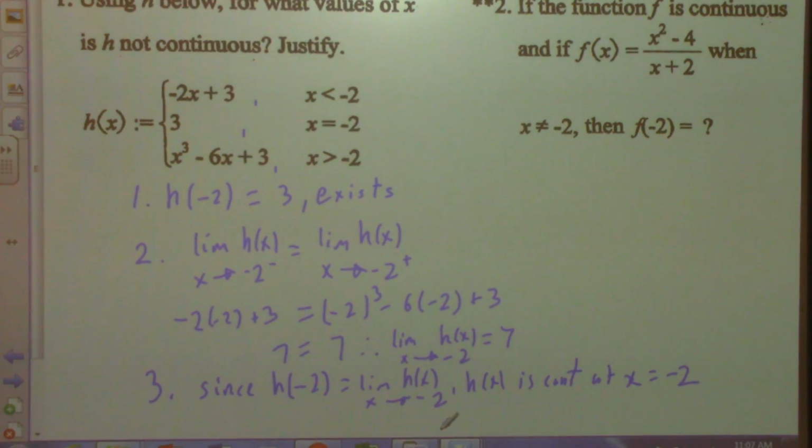Okay? So just the steps. All right, questions on that? So that's the basic concept of continuity.